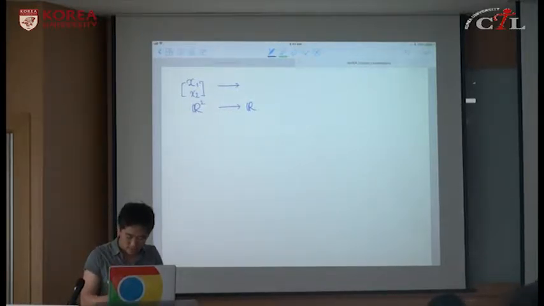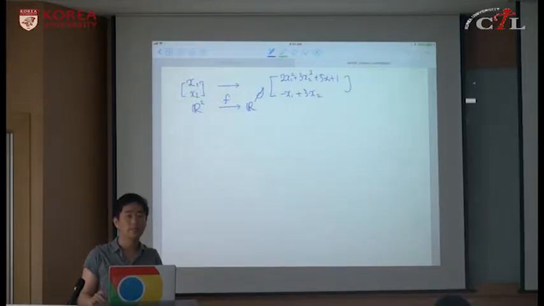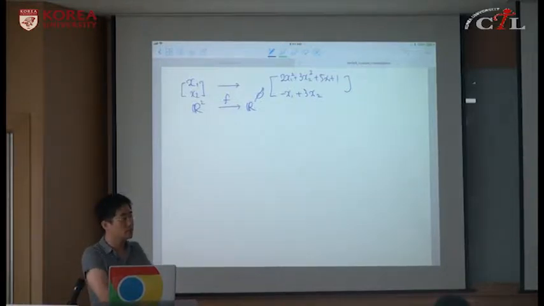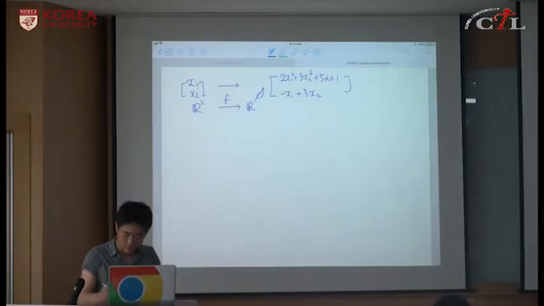And let's assume this function f is defined as this. So this is basically a function that maps a two-dimensional vector into a scalar.